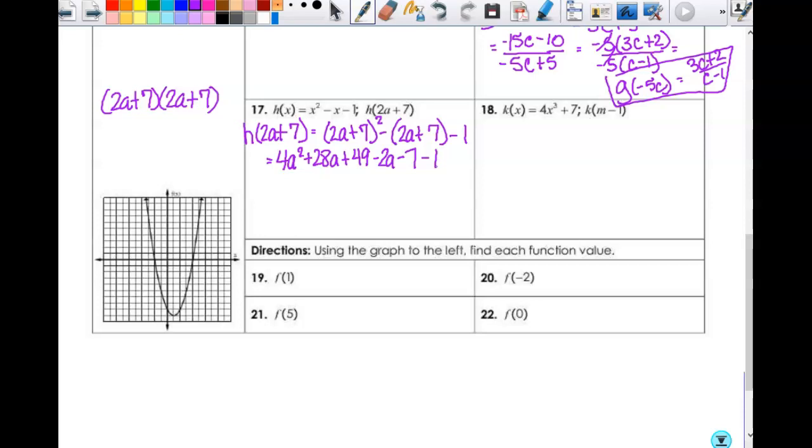It comes with practice. Okay, so, oh, good Lord. All right, so I've got 4a squared plus 26a, right, because I've got this and this negative. And then this is negative 8 and a positive 49, so it's plus 41. And so this is h of 2a.